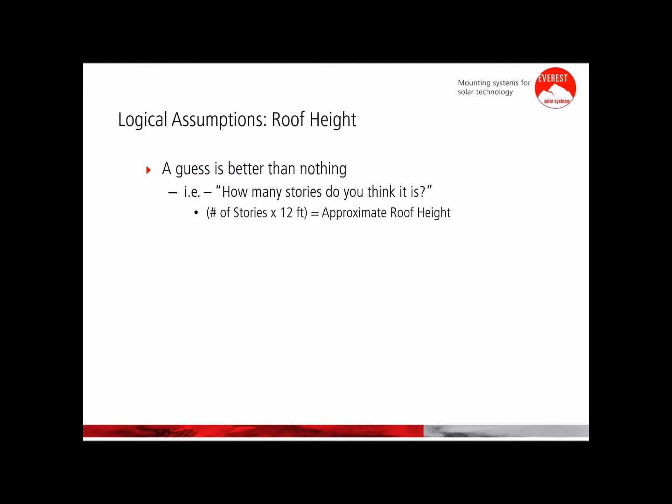So I'm just going to talk briefly about some of what I feel are the more important variables. We'll begin with the roof height. With this variable, I definitely think more so than the others, it has a very large impact on the ballast or weight of the system, or how many anchors it needs, basically what the loads are from the wind on these systems.